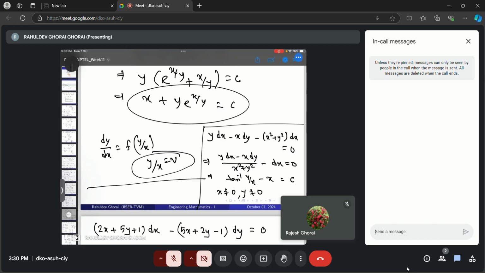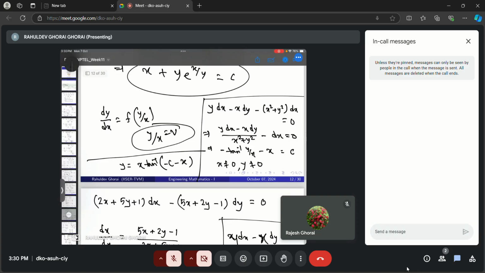But what about the solution now? The solution will be y is equal to x times tan of minus c minus x, right?